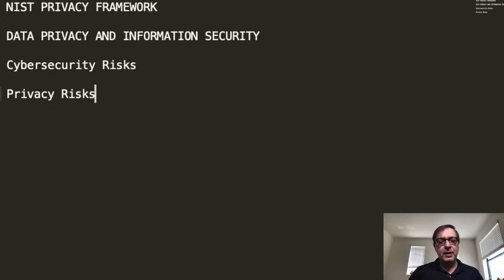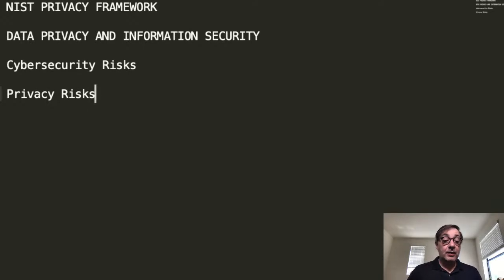But it still gave rise to privacy risks as a result. So that's what this framework is really intended to help with: to help organizations with those beneficial uses of data while minimizing the adverse consequences for individuals.